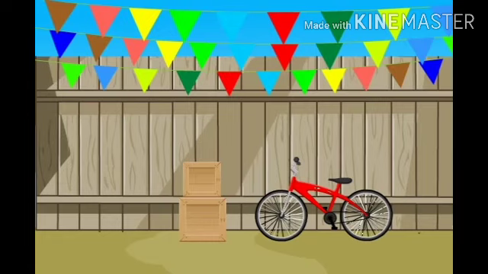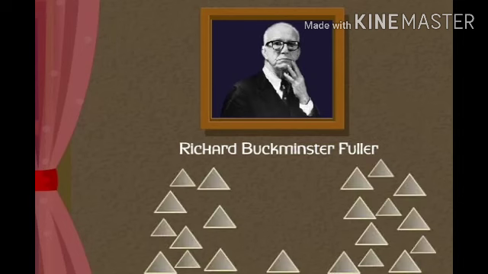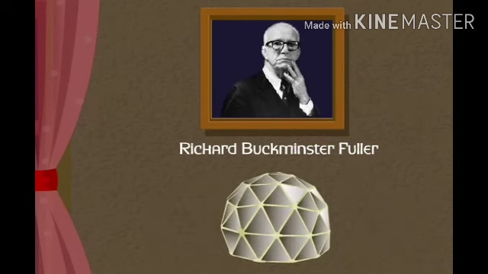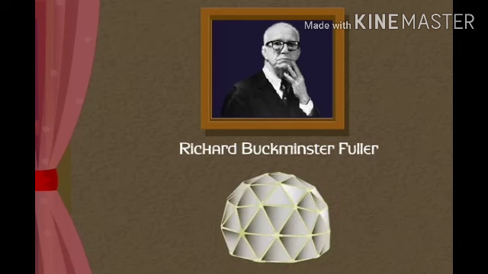The answer is no, and the reason was given by an engineer and architect, Richard Buckminster Fuller. He explained that a triangle, when combined with other identical units, provides solidity, support, and lightweight to a structure. These identical geometrical units use congruent triangles.